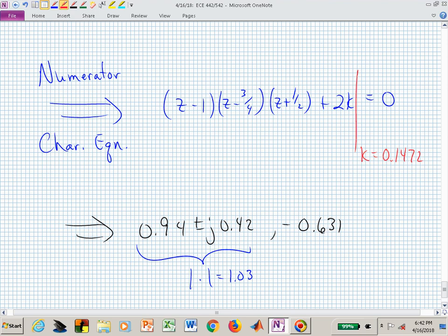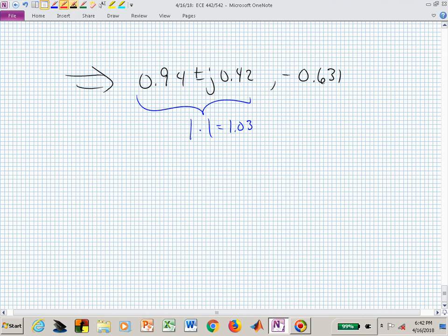Maybe K equal to 0.1. I don't know. Pick a number, right? But you know it can't be 0.15. It can't be probably 0.14. So let's just make the following decision and say that.